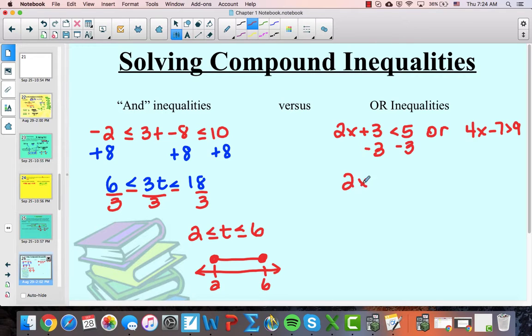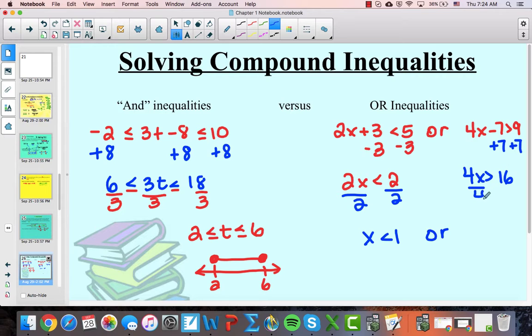So for 2x, I've subtracted 3 from both sides, and I got 2. And then I divided both sides by 2, and I got x is less than 1, or add 7 to both sides, so 4x is greater than 16. Divide both sides by 4, so x is greater than 4.